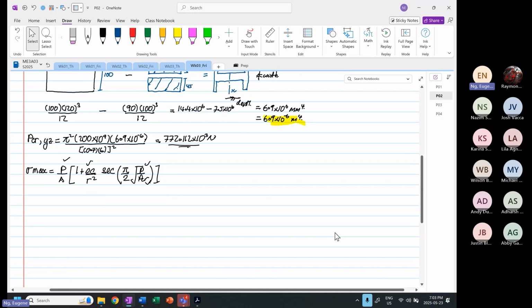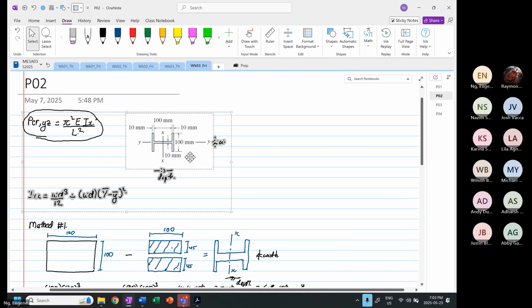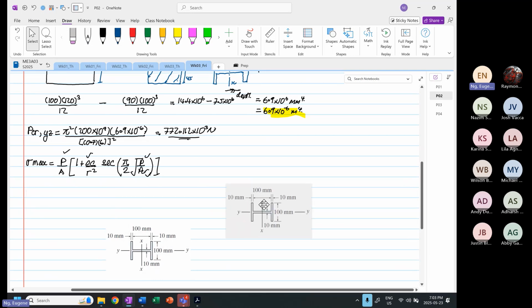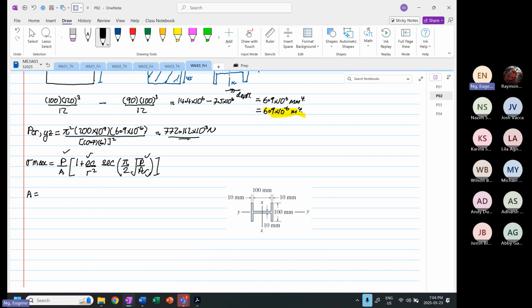So if we take this diagram, with reference to the diagram, our area will be equal to twice the width, which I'm going to take as 100, times the depth of 10, plus 100 times 10, or 10 times 100.